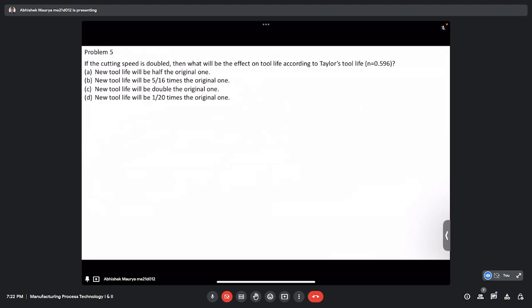What has been asked in the question is: if the cutting speed is doubled, then what will be the effect on tool life according to Taylor's tool life equation, where the n value is given? So Taylor's tool life equation, we need to write it down.